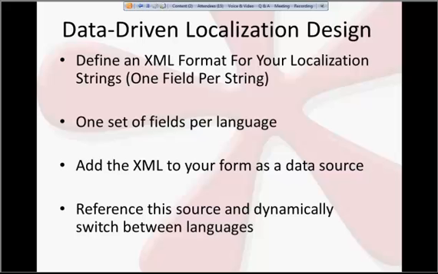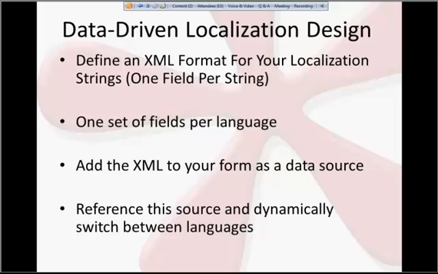So, data-driven design within the context of localization. I'm sure you can imagine a non-data-driven localization design whereby you would just place expression boxes or buttons, one each for every piece of text on your form, one of each of those for every available language.